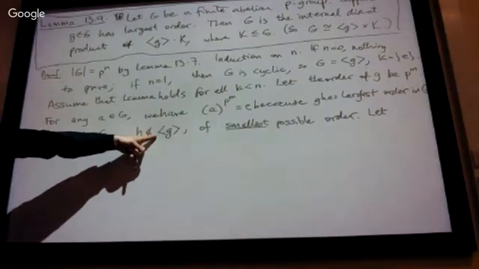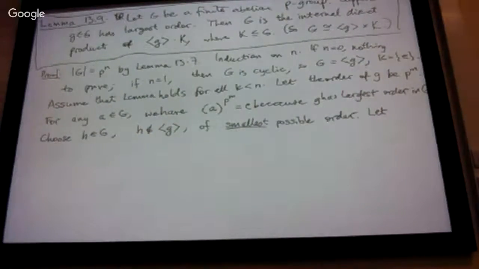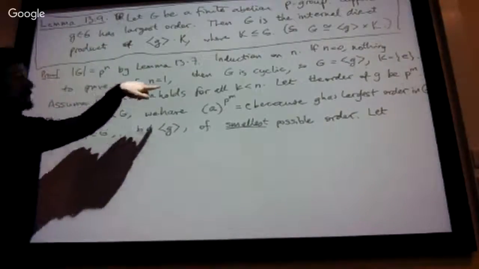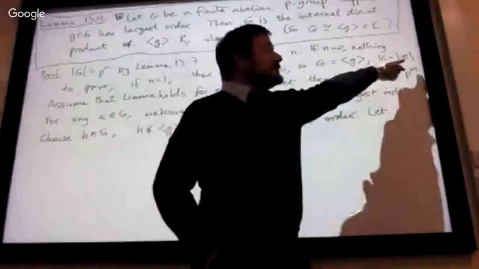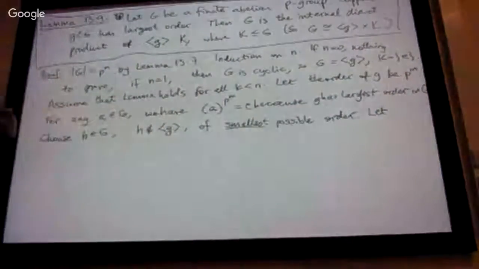But if H is generated by G, how can H belong to G and not be part of it? Well, it doesn't. So we stop here, and now we're doing the case where it's not.